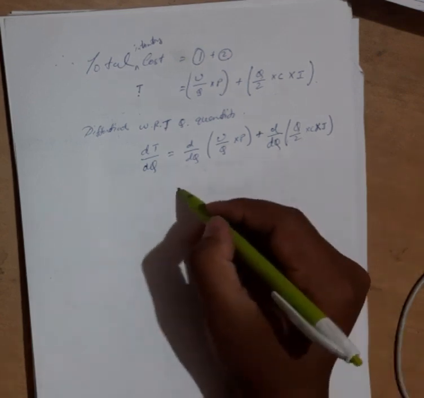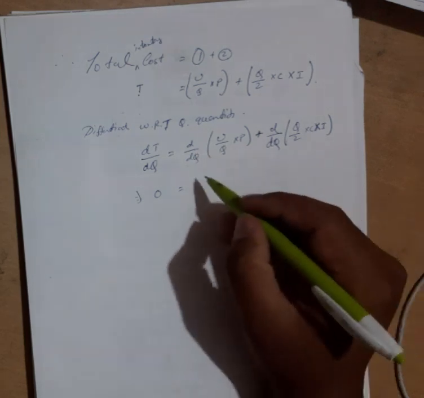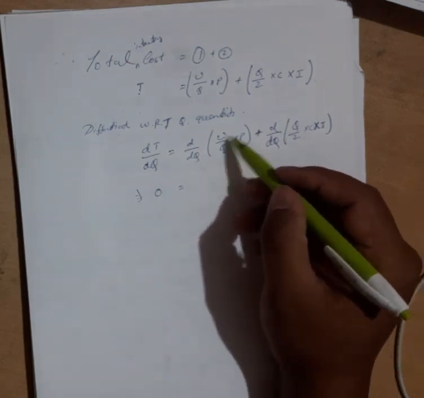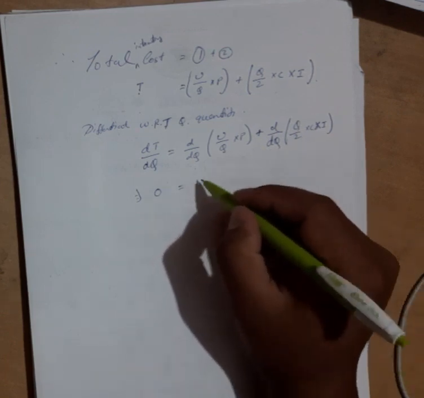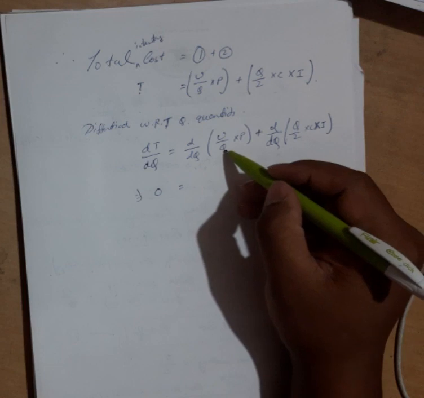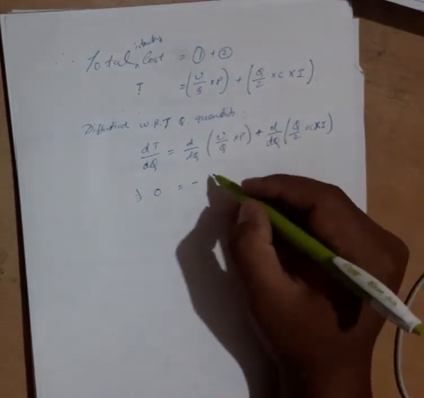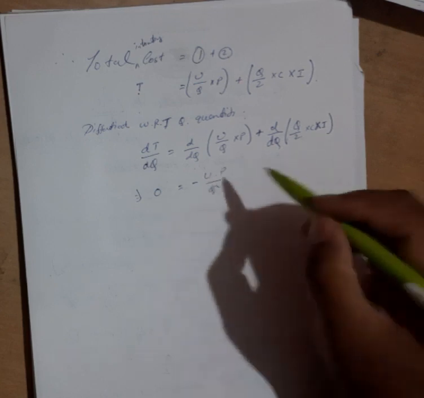So, when we differentiate this, it will be 0. Now, here only Q is variable, the other two are constant. So, what will be this? If you take Q to the power minus 1, then minus UP by Q square.